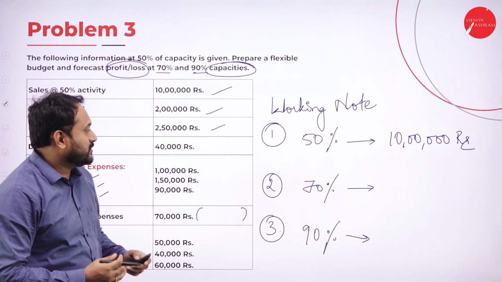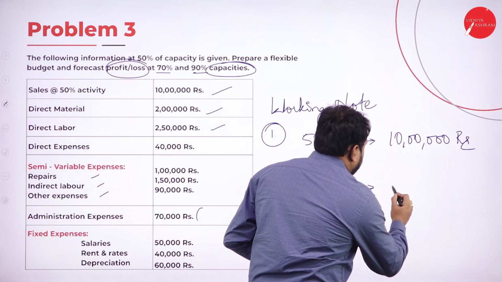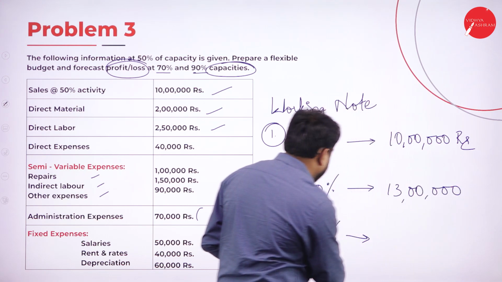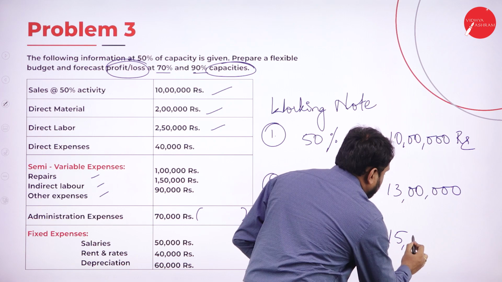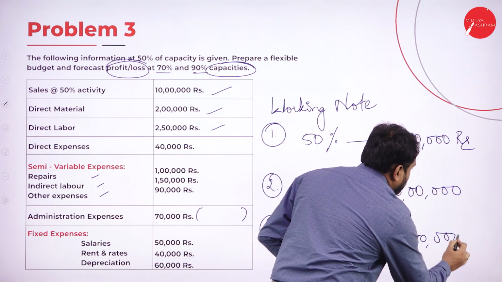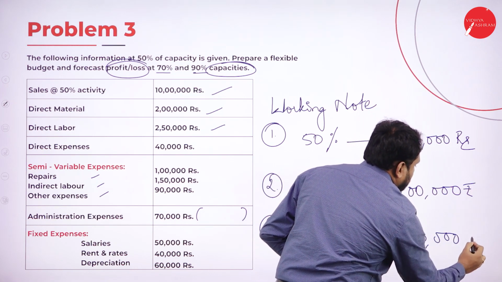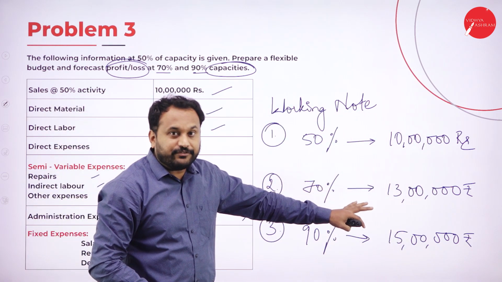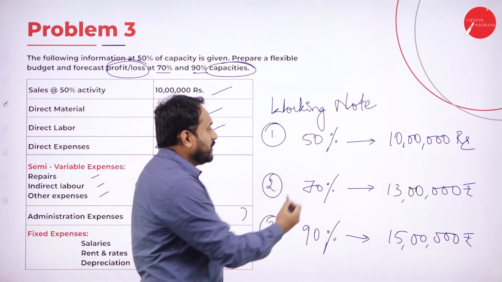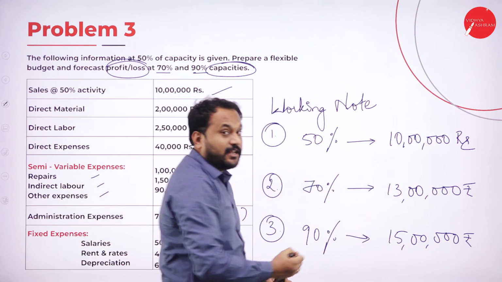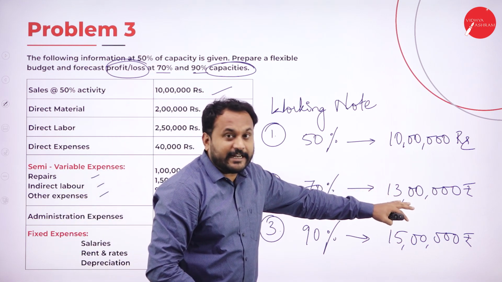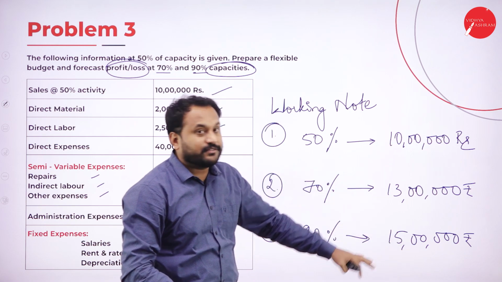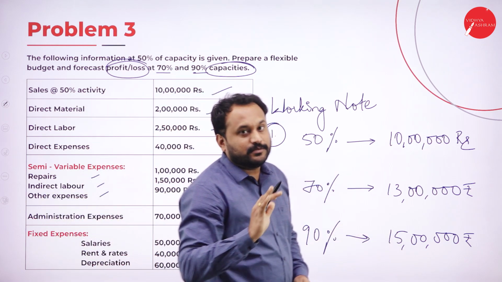Now, what exactly you are supposed to do here? You should go with 70% is how much? 13 lakh. And 90% is how much? 15 lakh. Again here, we'll go with the symbol rupees. If they wouldn't have given, what you were supposed to do is, you will go with the cross multiplication, right? But because it is already given, that is estimation is already done, you will write the 13 and 15. So this is the first working note which we are supposed to go.